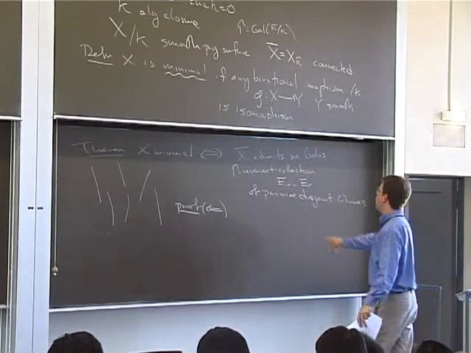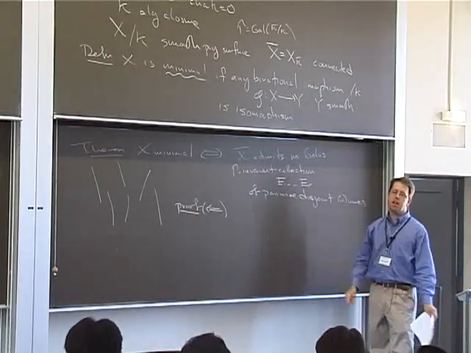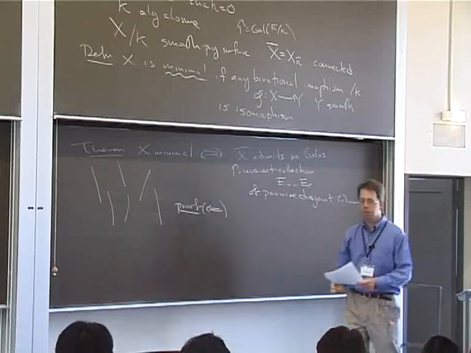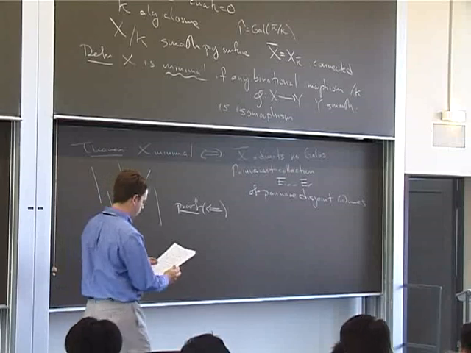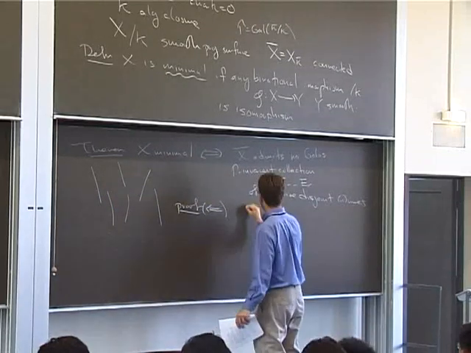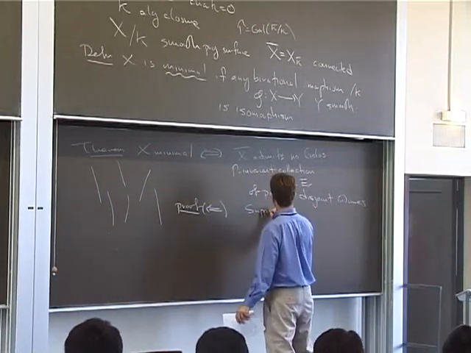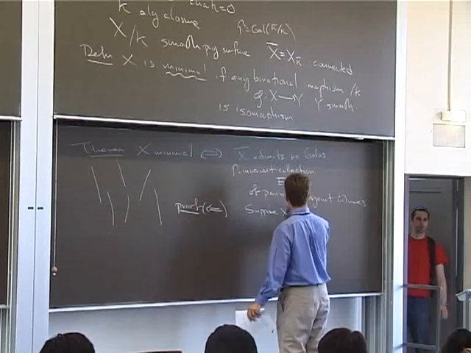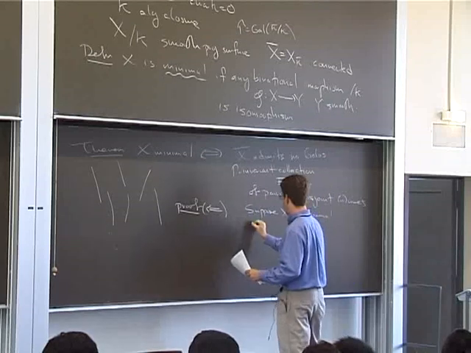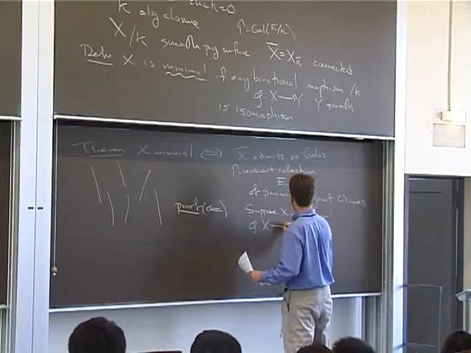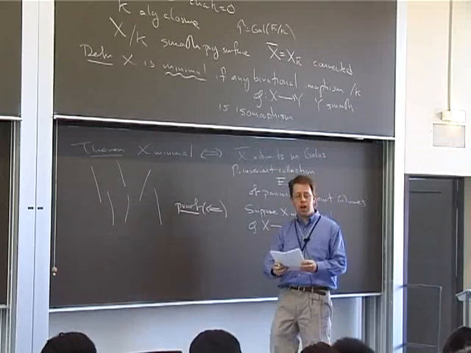So I want to think of these as -1 curves on X bar. So let's suppose that X is not minimal. So I have my contraction.